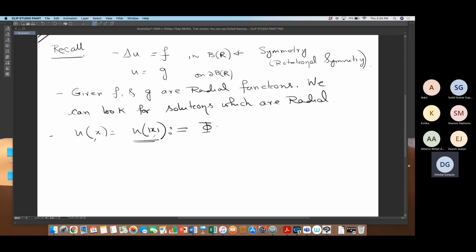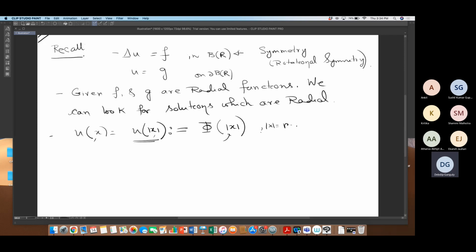Sometimes we write it like this because it is an abuse of notation, since the domains of these two functions are different. This is the radial function where mod x is equal to r, so it depends on mod x, not on theta. In R2, it depends only on the radius.